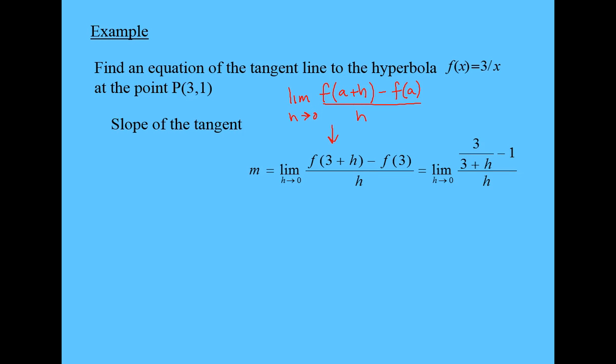Now we know in this case a equals 3. That's where we're trying to find the slope of the tangent line. So plugging in 3 for a, we get this. And then plugging 3 plus h into our function, we get this limit.